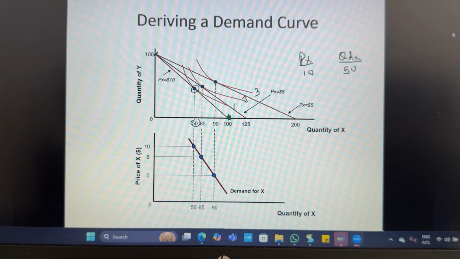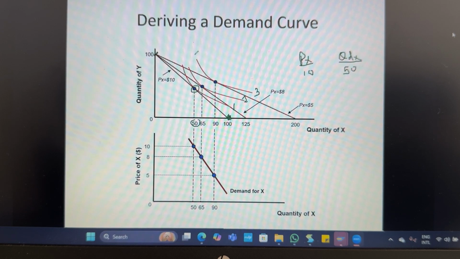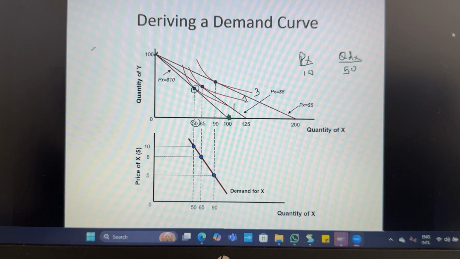That is correct. What is the price of Y at this point? It's not given, what can you tell? The price of Y is also 10, because if you spend the entire 1000 rupee income only on Y, you can buy 100 units of Y as well.